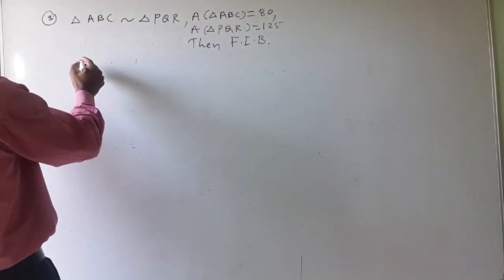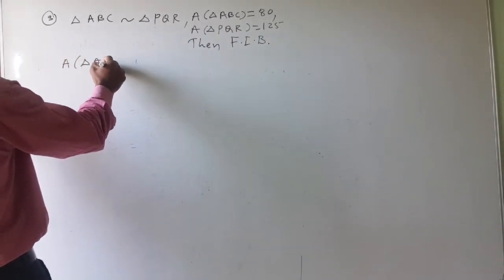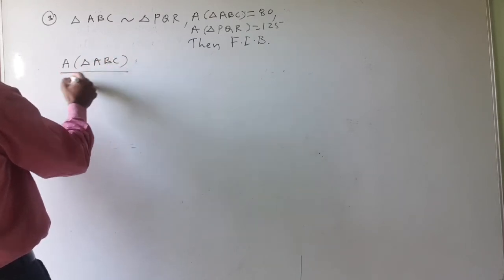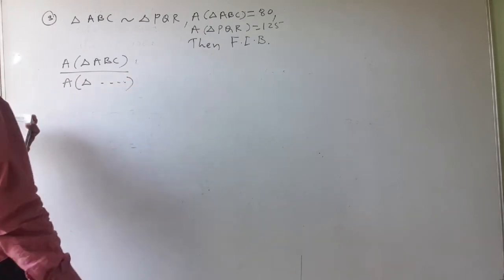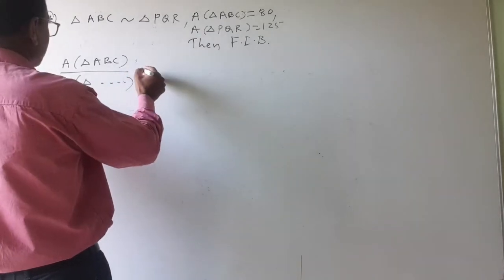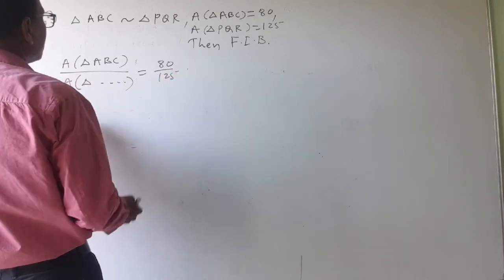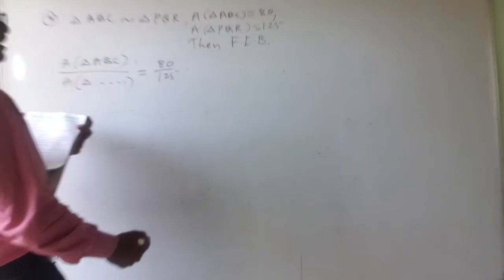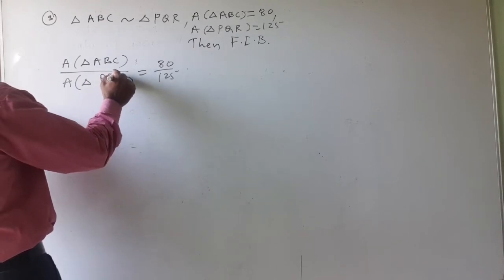What is that? First is area of triangle ABC upon area of triangle, and here they have asked to fill in the blank, is equal to 80 upon 125. Here I have to fill in the blanks. What will it be? PQR.